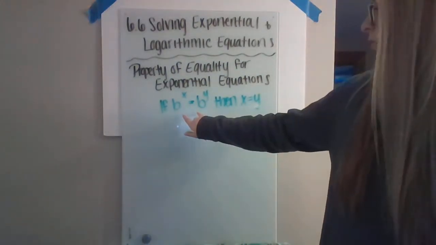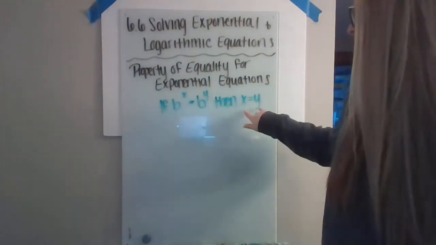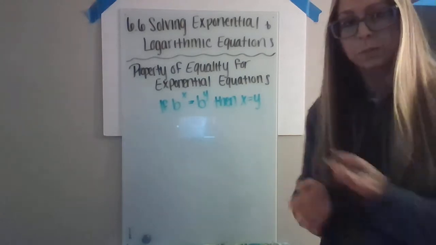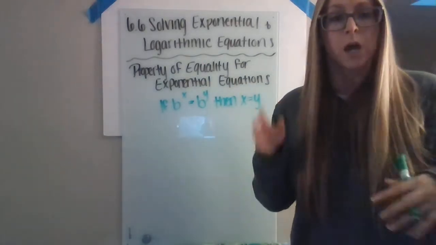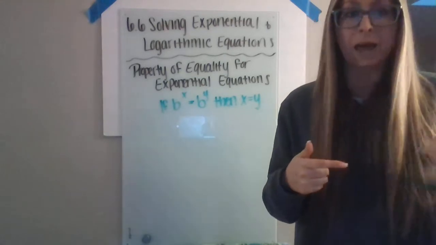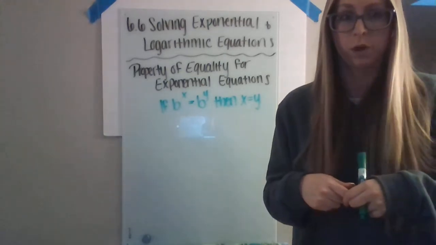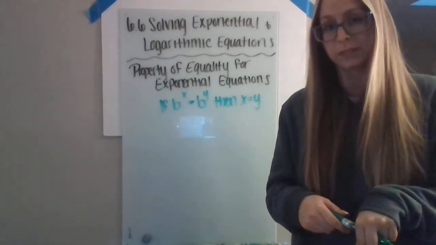So if the two bases are the same, you can just get rid of those bases and set the two exponents equal to each other. Sometimes it's going to be easy and you can just set them equal. Sometimes you're going to have to make them have the same base so that you can set them equal. That's what I'm going to show you in the first set of examples.